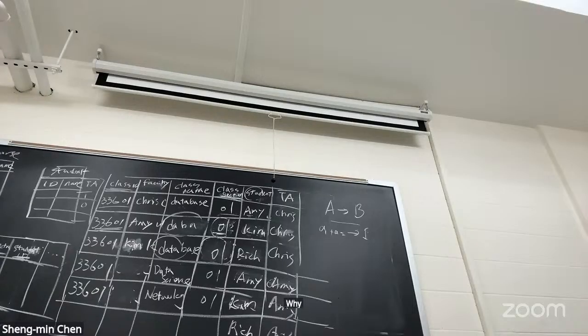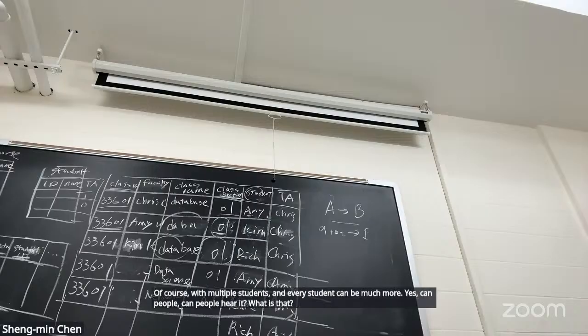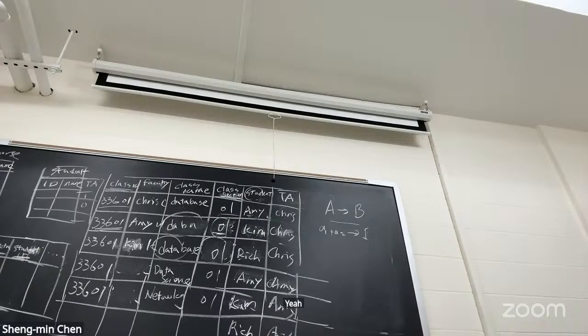Why is that? A course has multiple students and a student can take multiple courses. Yes, can people hear what he said? Yeah? Okay, let's say, what about courses and faculties?